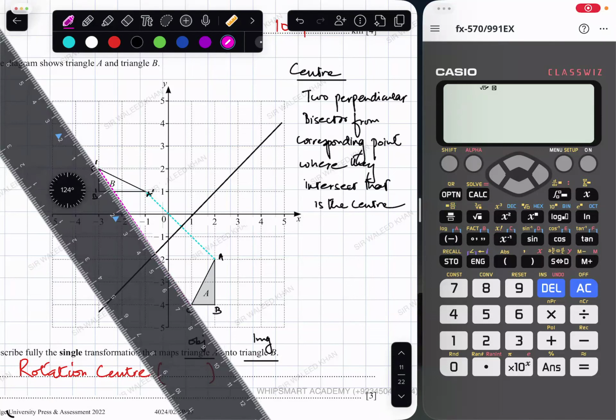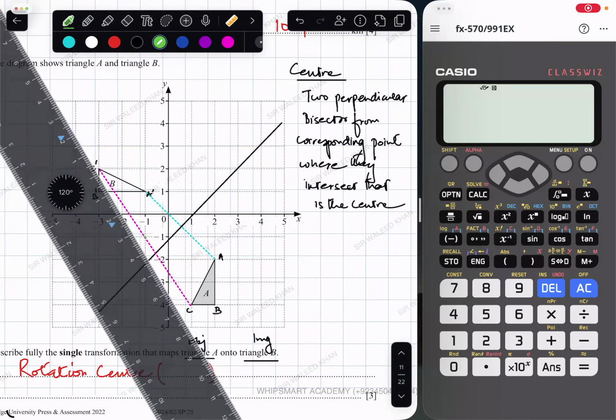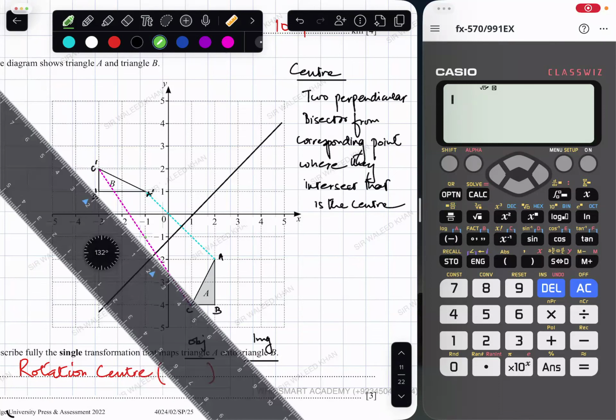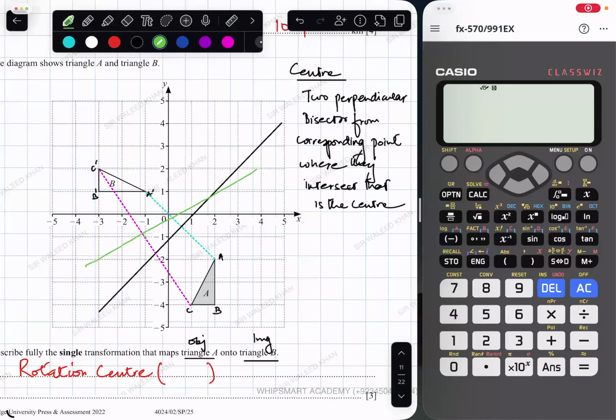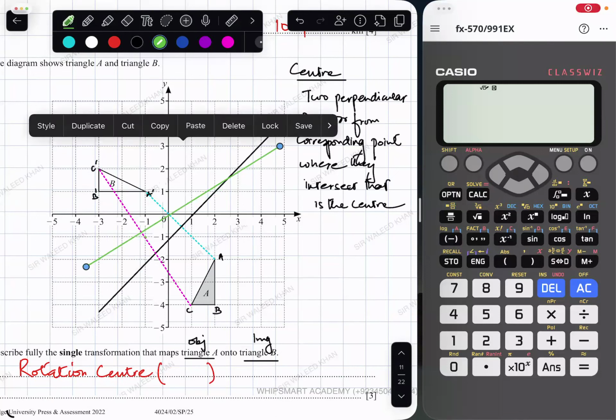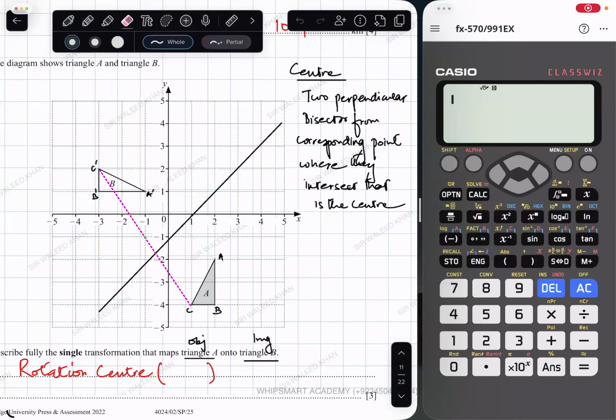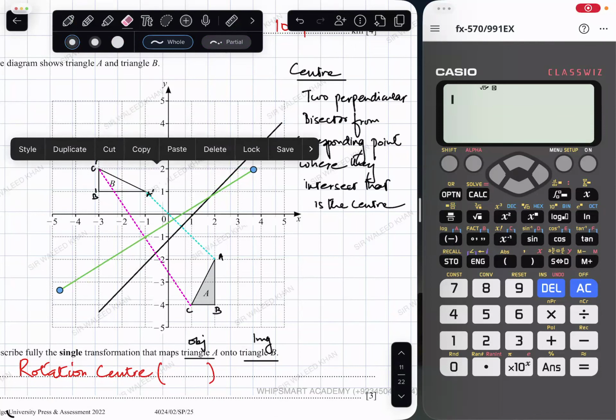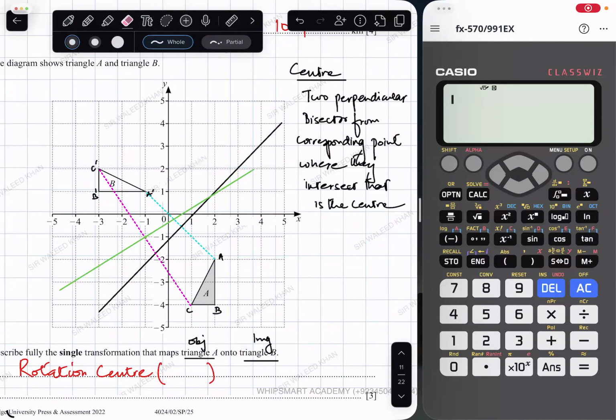Should be 3.6. So this point, I've marked it like this. So a perpendicular bisector which cuts this at 90 degrees should be drawn like this. Okay. Now I have drawn it roughly, right? मैंने roughly बनाया.